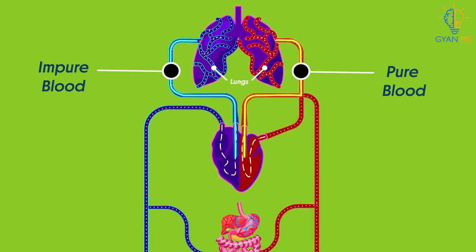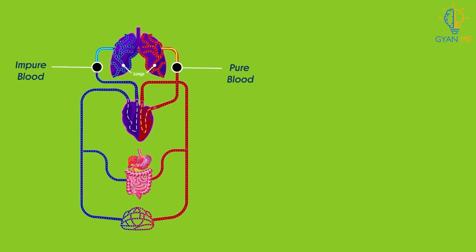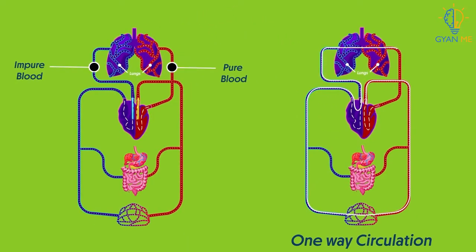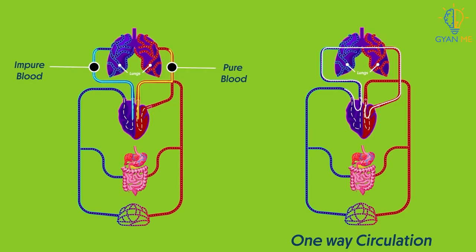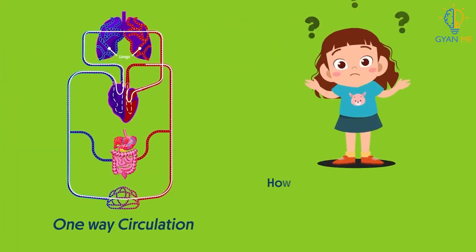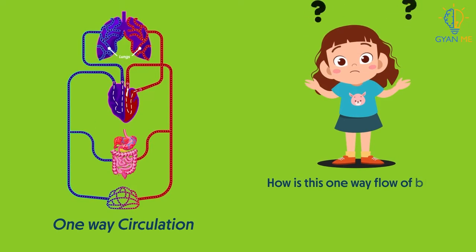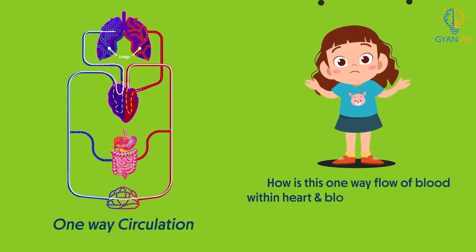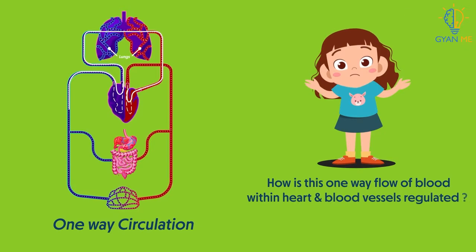Thus, this is not possible and there has to be only one-way circulation or closed circulation in the body. So the question is, how is this one-way flow of blood within the heart and blood vessels regulated?